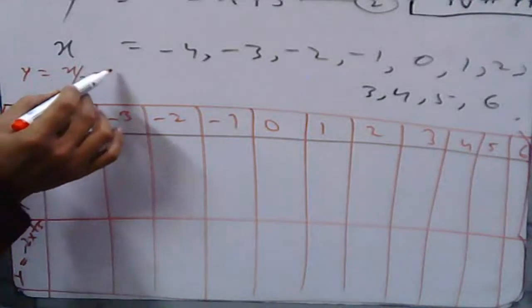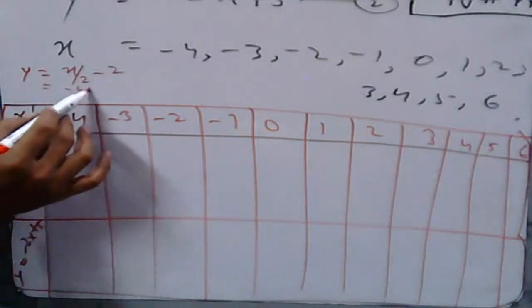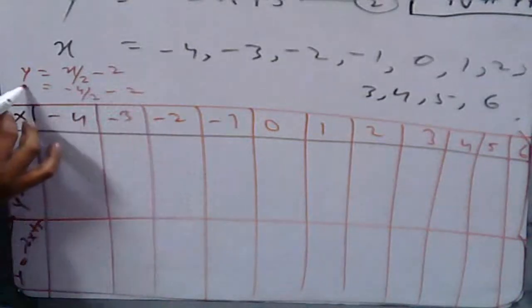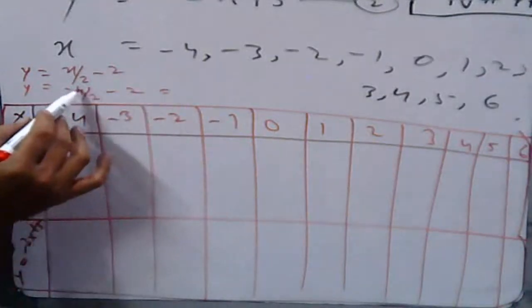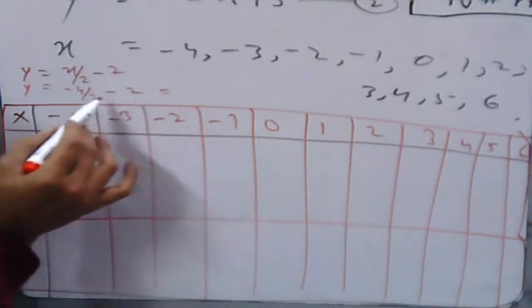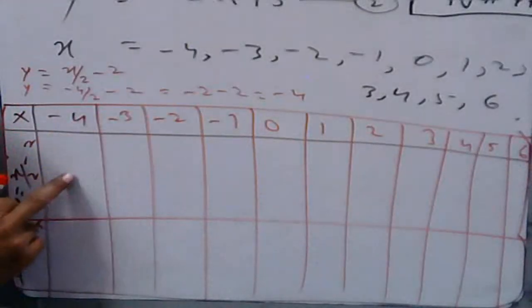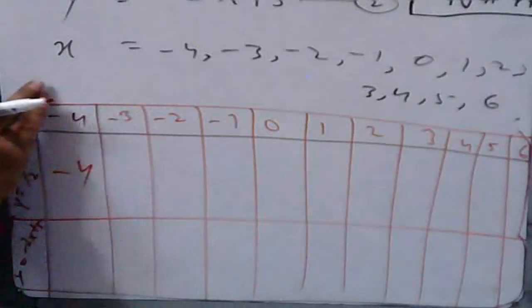If I put x is equal to minus 4, minus 4 by 2 is minus 2, minus 2 minus 2, you will get minus 4. So if you put minus 4, you will get minus 4 as the result. So after putting the value of x in the given equation, you will get the value of y.